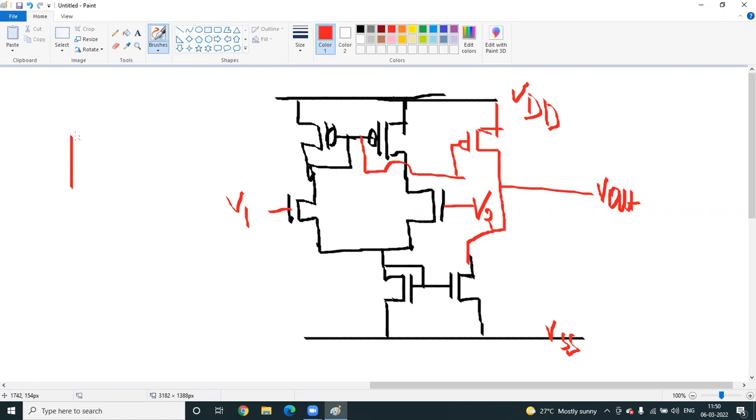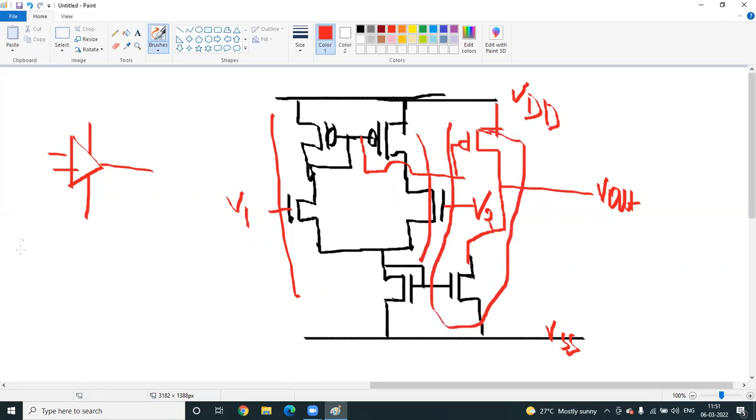So in a normal op-amp diagram, you see V1, V2, V out, VDD, VSS. So this is one stage, and up to here is another stage. The stage depends upon the gain. If the two gains are multiplied, it's a double stage. So this one, A1, will be created.